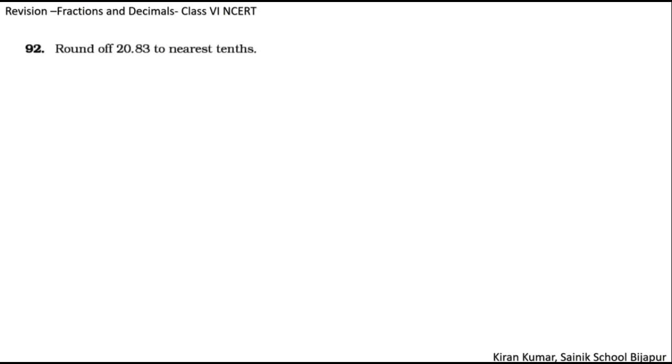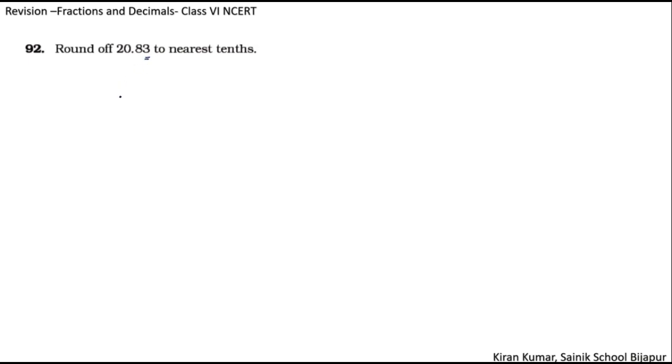Question 92. Round off 20.83 to the nearest tenths. When we are rounding off to the nearest tenths, we have to look at the digit at tenths place. Here the digit at tenths place is 3.